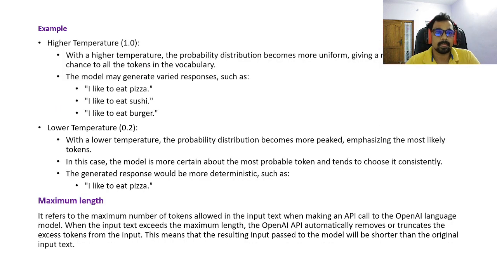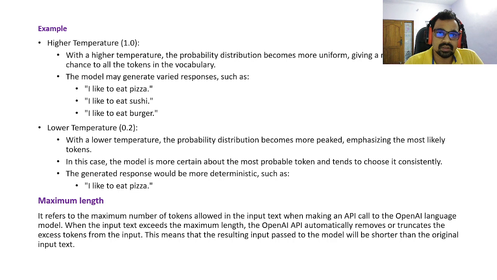Let's take an example. Let's say the question is what you would like to eat. If you set a higher temperature, the probability distribution becomes more uniform, with more equal chances for all the tokens in the OpenAI vocabulary, which means every time it will generate a different word, like pizza, sushi, burger. These are the tokens generated depending on the probability. Say pizza has a probability of 0.4, sushi 0.35, and burger 0.2.